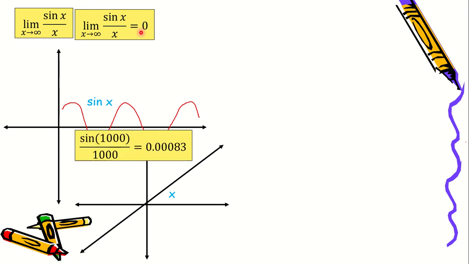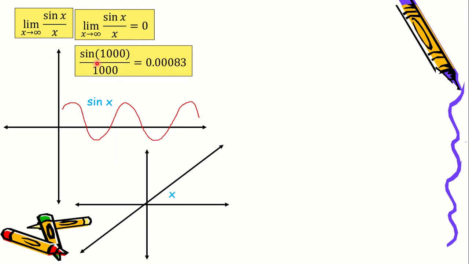So if you plug in a large number into the equation, let's say 1000, make sure that your calculator is in radian mode. So sine of 1000 divided by 1000, that will give you 0.00083. So it works. So let's confirm the answer using L'Hospital's rule.